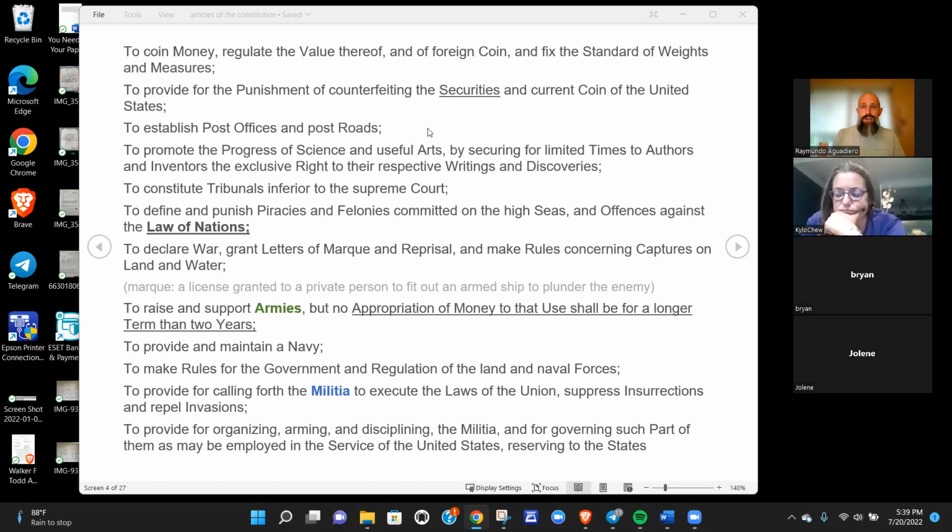I don't know how many standard weights and measures we've been using lately, but Congress has the power to coin money, and that's the Treasury and the Federal Reserve. To provide for the punishment of counterfeiting the securities and current coin of the United States. Securities, what's the security?